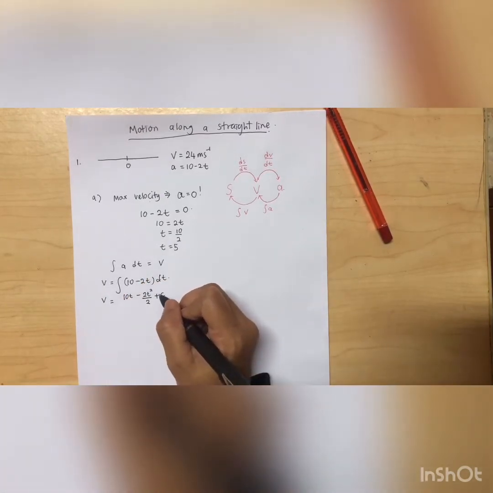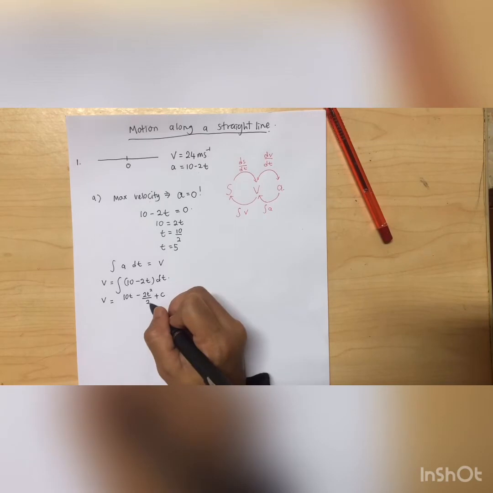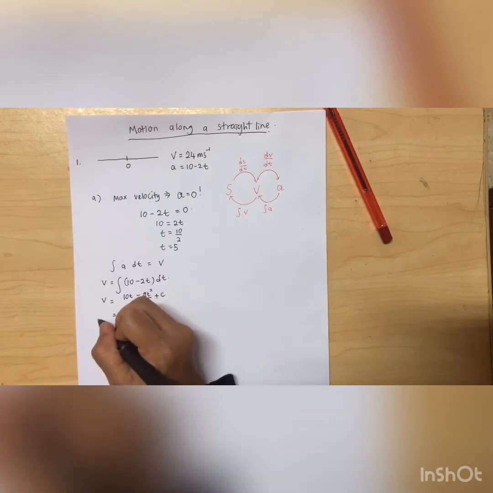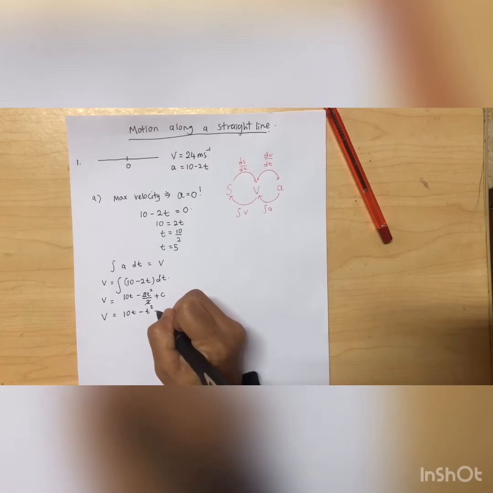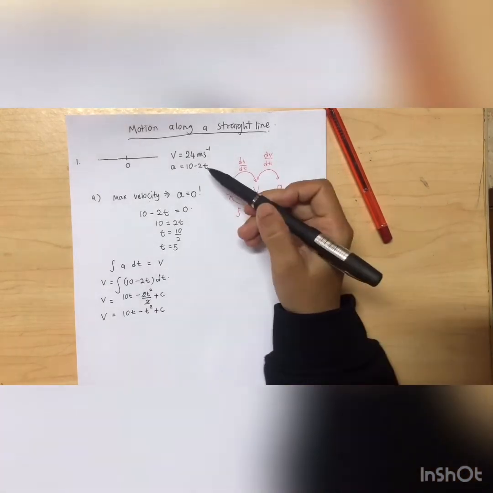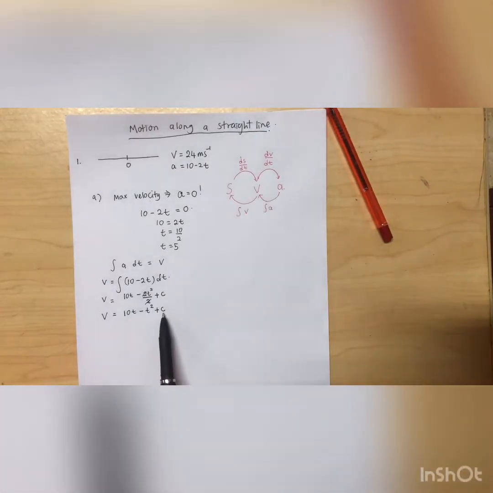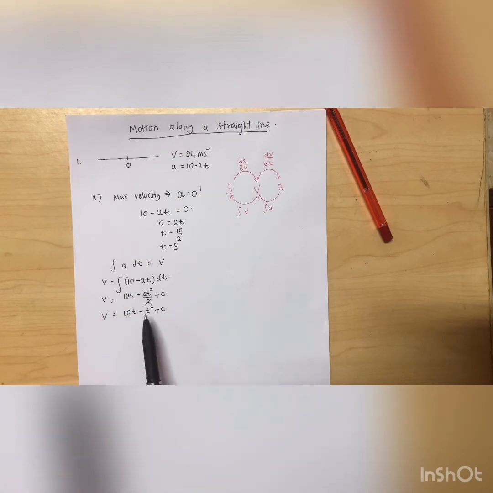Don't forget, if you integrate something, you must have c. So v equals 10t minus t squared plus c. We don't want c here. We have to change this into a number because we don't want more than one variable in our equation.